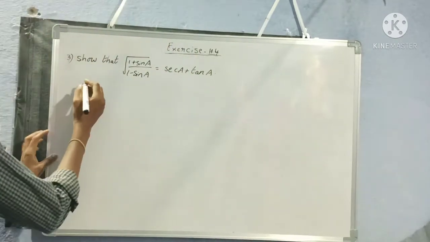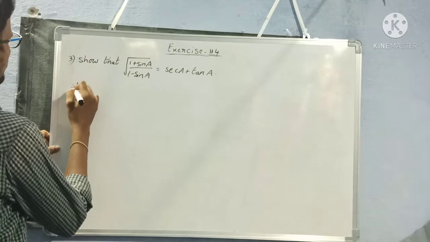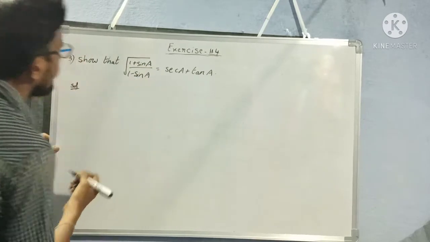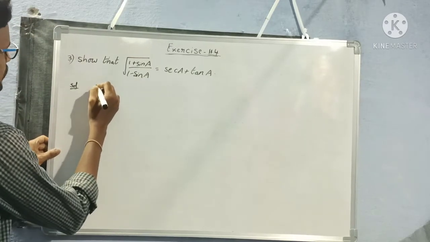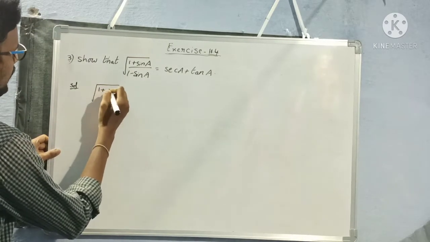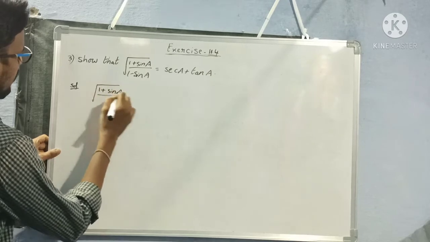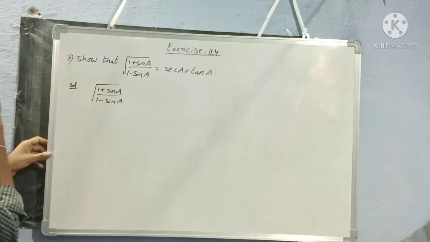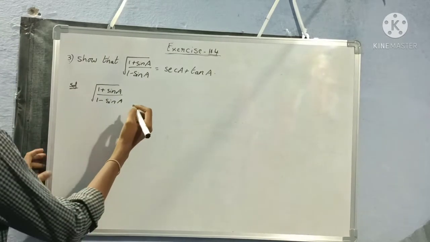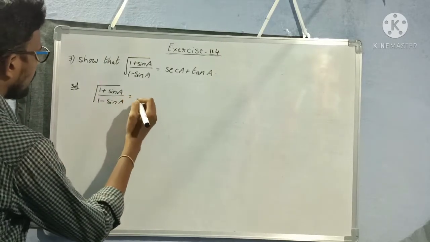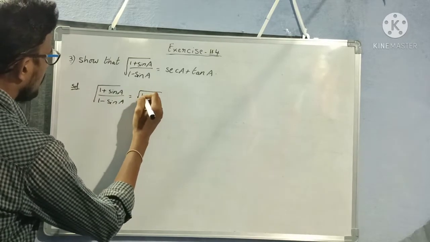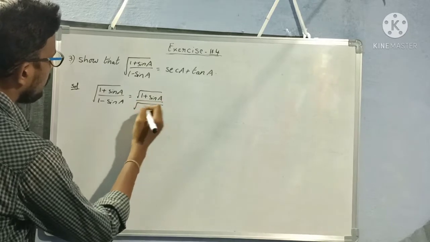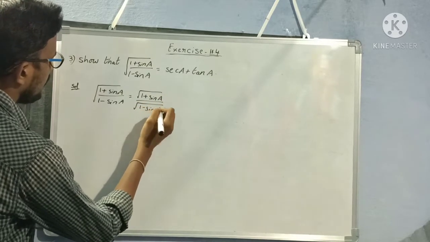So here, LHS. What is on the left hand side? Square root of (1 plus sin A) by (1 minus sin A), that I am taking down here first. If I write this separately, this becomes square root of (1 plus sin A) by square root of (1 minus sin A).